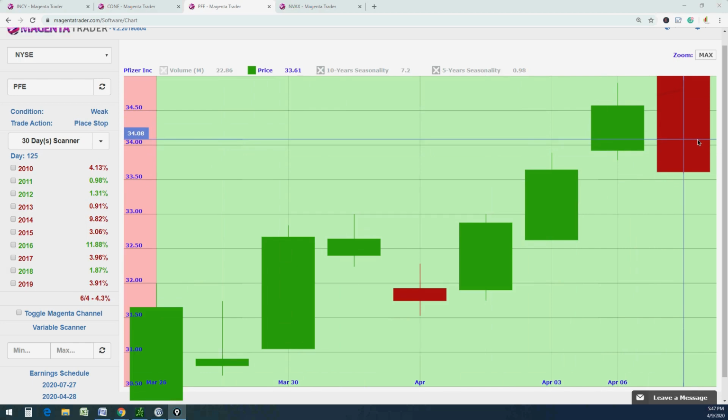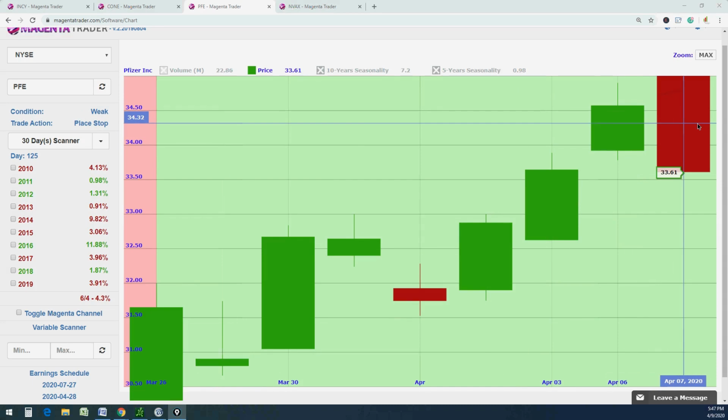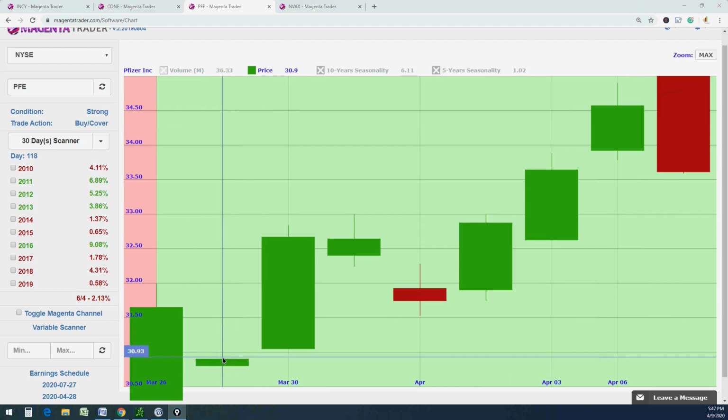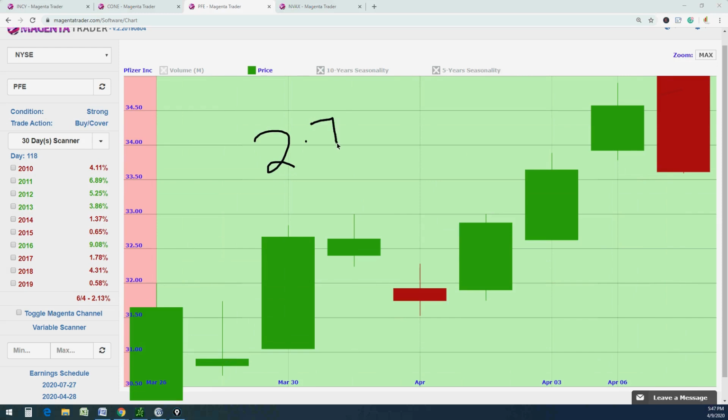So if you look at the conditions, it's saying conditions are weak. It's not as strong as it was back here. So since conditions are weak now, just place a stop. And that's all you have to do on that day. And then just wait to see whether you get stopped out or the market goes higher the next day. And again, from the time that it recommended this buy to the time that it's saying place your stop, you would have made a profit of $2.71.